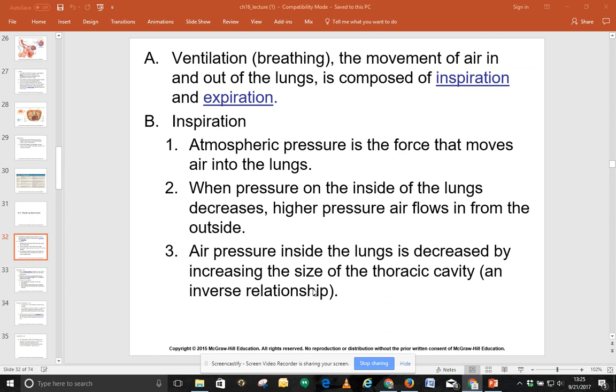When you breathe in, your diaphragm will pull down, expand your lungs, your rib cage will pull out. That will reduce the pressure in the lungs lower than the atmosphere. So therefore the air can travel, and this kind of goes back to concentration when you think about it. The atmospheric pressure is on the outside.